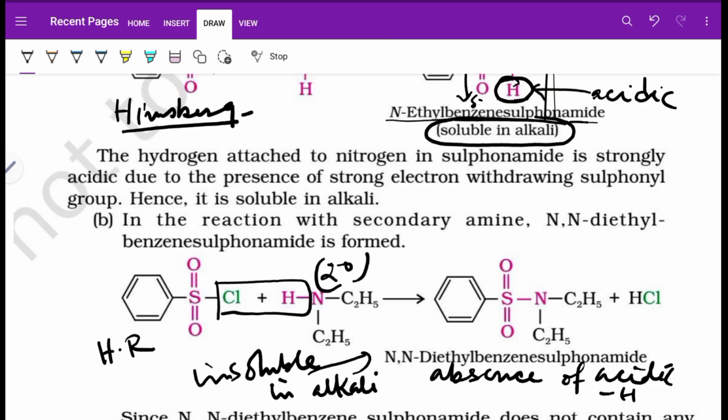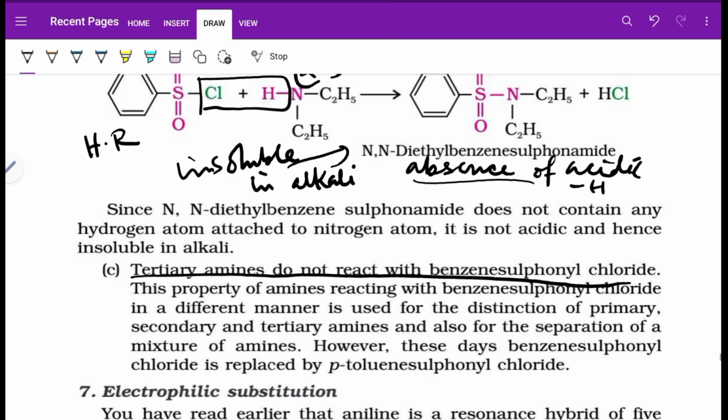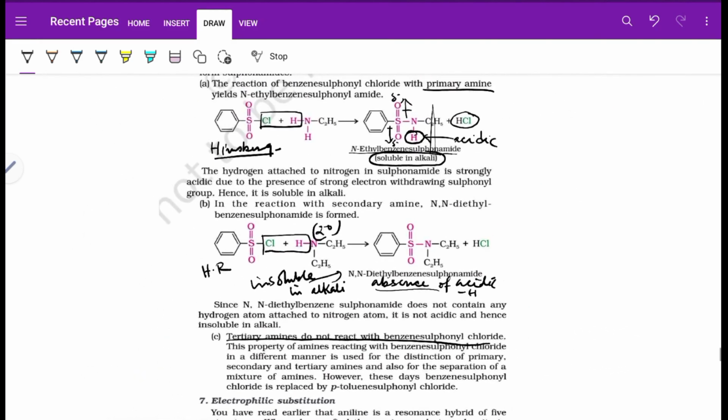It reacts, but the product is insoluble in alkali due to the absence of acidic hydrogen. A 3 degree amine does not contain the H, and so it will not react at all. So tertiary amines do not react with the Hinsberg reagent, and so this can be used as a distinguishing test.